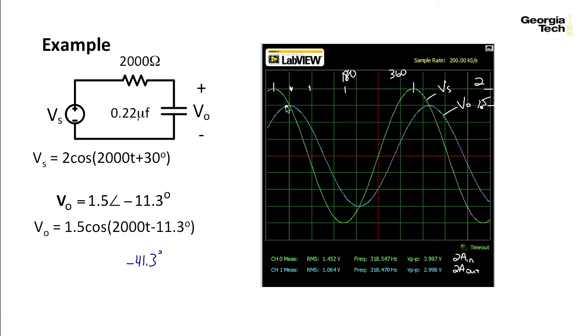But from this plot, we're seeing this is minus 45. It's not quite 45, and that matches with what we calculated with the math, that it was minus 41. So in other words, you build this circuit, and the experimental result matches what you predicted by doing the analysis.